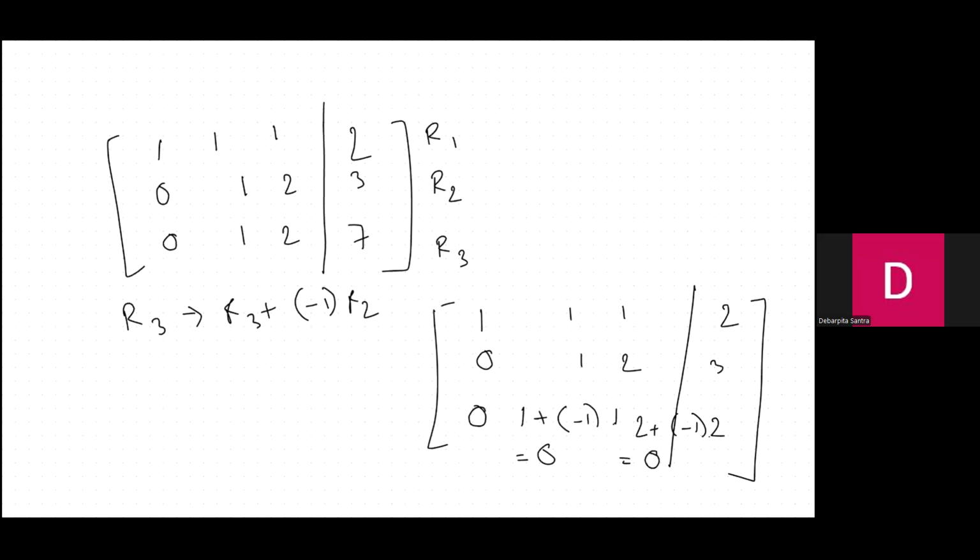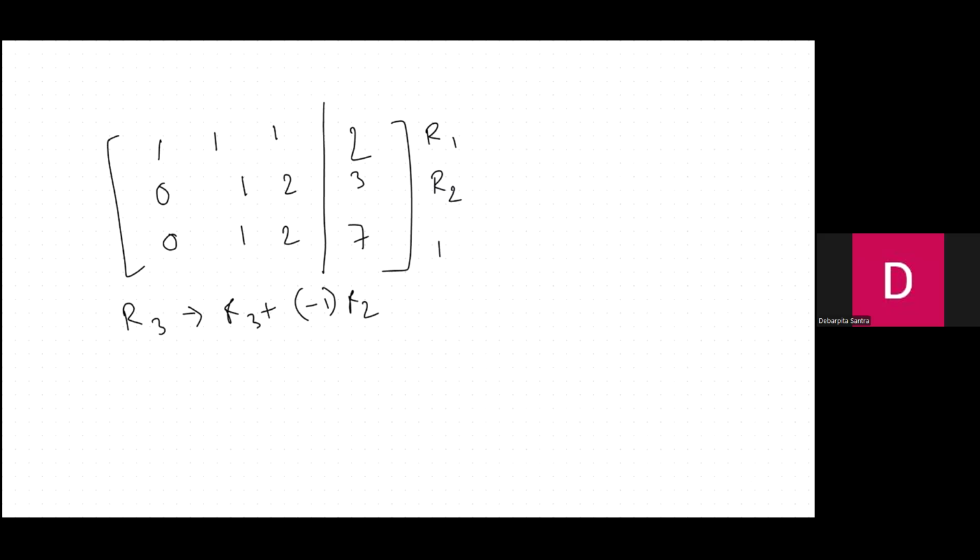Then the last one, 7 plus minus 1 into 3. So 7 minus 3, that means 4. So if I write it properly, it is 0, 0, 0, 4. The matrix looks like this.